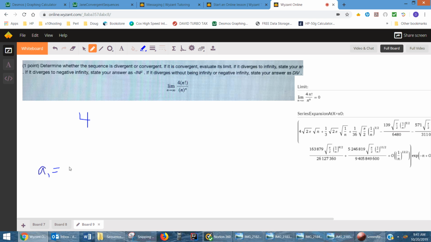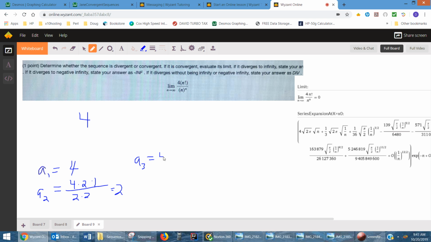So a sub 1 would be 4. A sub 2 would be 4 times 2 factorial over 2 to the second, 2 times 2. So the 2's cancel, 2 goes into 4 twice. What about a sub 3?